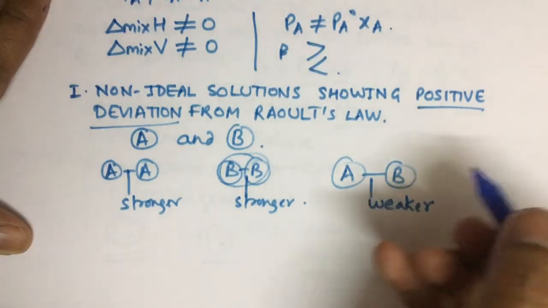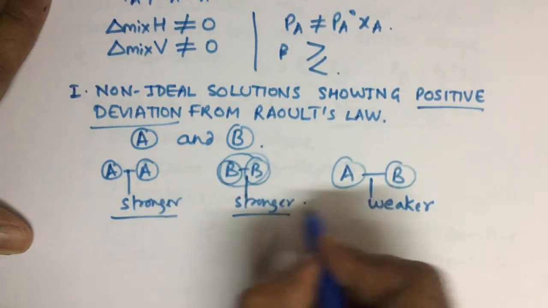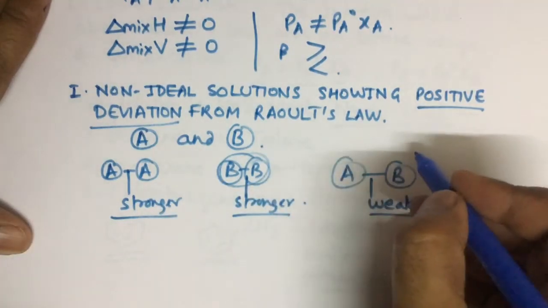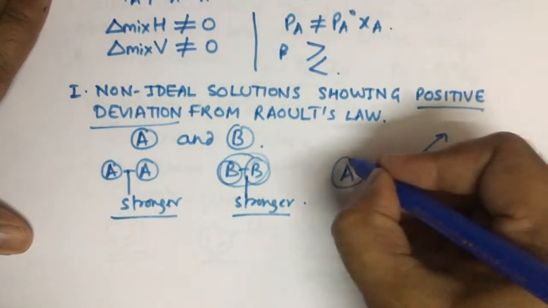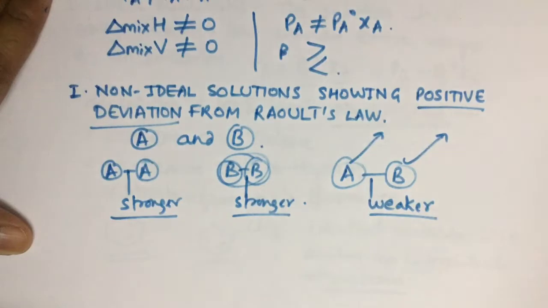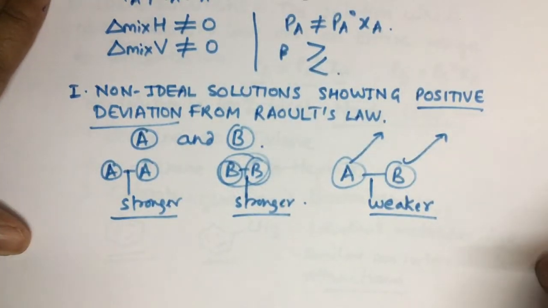So when we mix the components, strong bonds are broken and weak bonds are formed. So when the weak bonds are formed, the escaping tendency of the particles from the solutions increases, and as a result the component of the solution has a partial pressure greater than expected on the basis of Raoult's law.